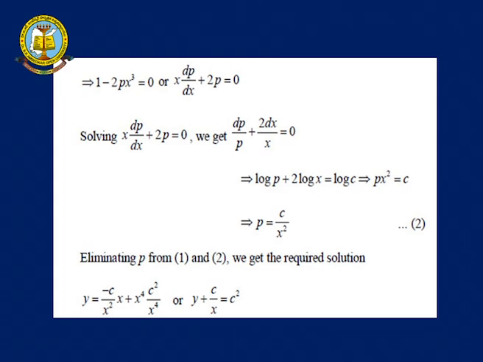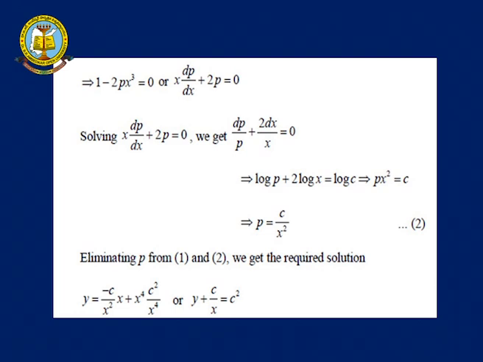Let us take x into dp by dx plus 2p equal to 0, and use variables separable. We get dp by p plus 2 into dx by x equal to 0. Integrating, the integral of 1 by p dp is log p, and the integral of 1 by x dx is log x.